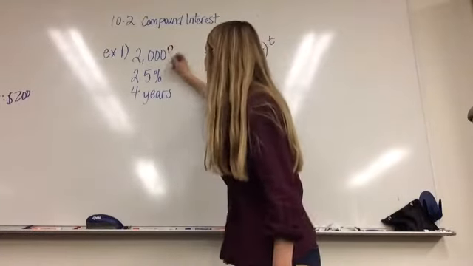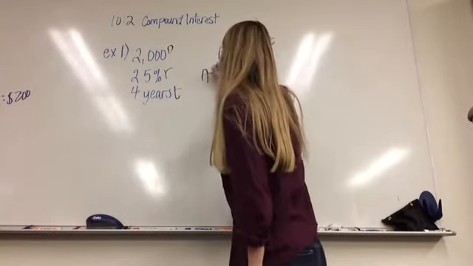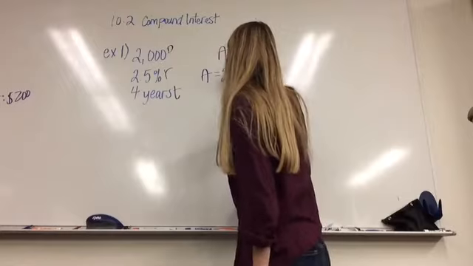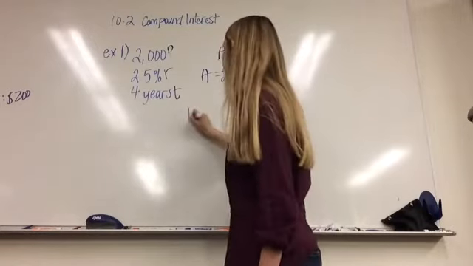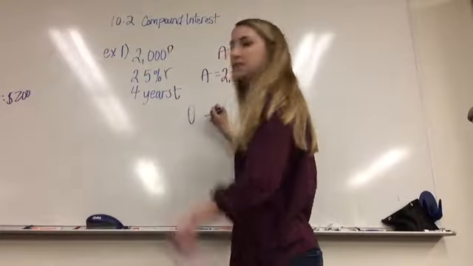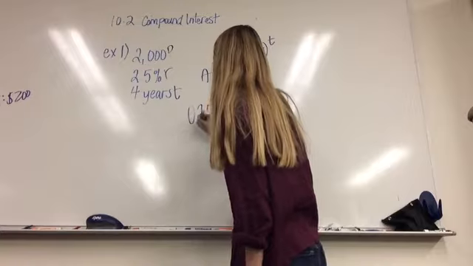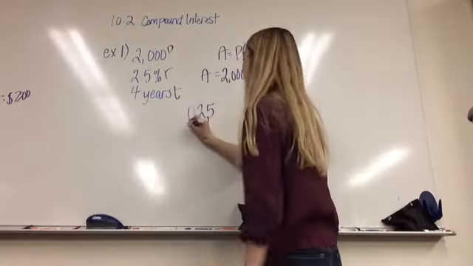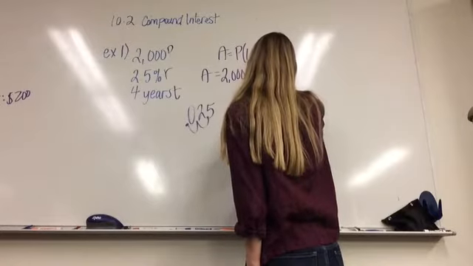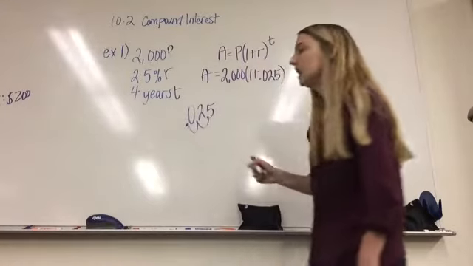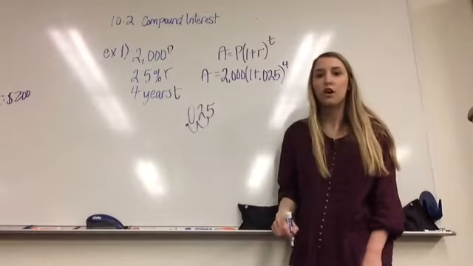Remember, this is my principal, this is my rate, this is my time. So A equals, my principal is $2,000 times 1 plus my rate. I need to move my decimal 2 times to the left. 1, 2, so I'm at 0.025. And all to the power of T, which is 4 years.